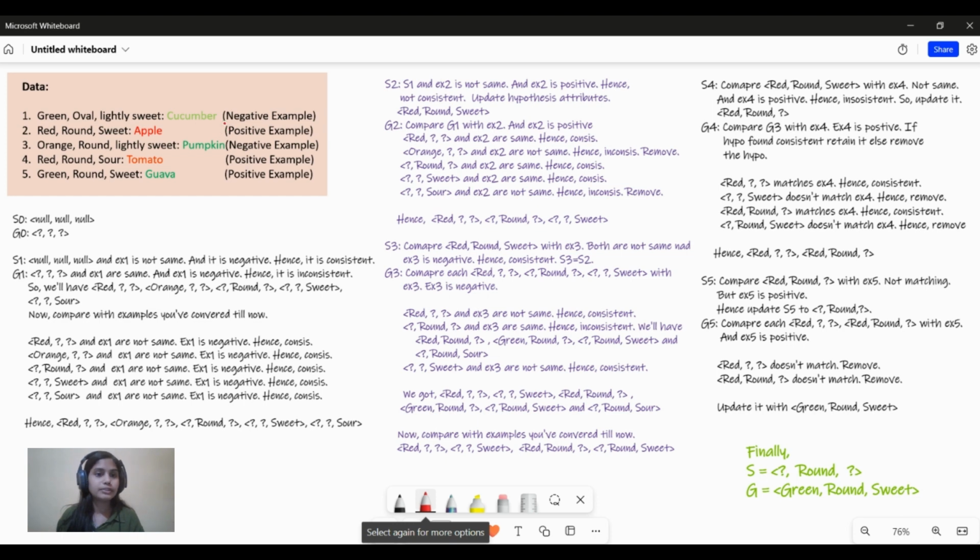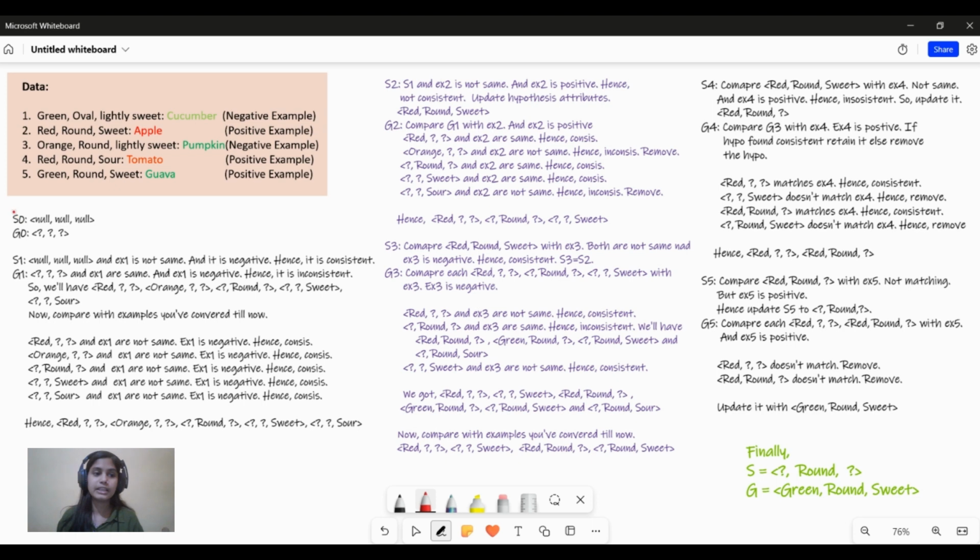Here the first example is negative, then the third example is negative. In the previous video we worked with positive examples, and in the middle there was one negative example and the remaining were positive. And now we are seeing what will be the case if the first example only is negative. So let's see how it works.